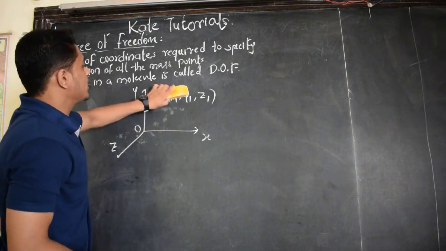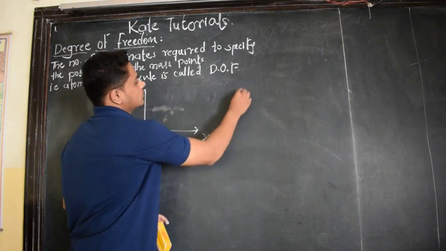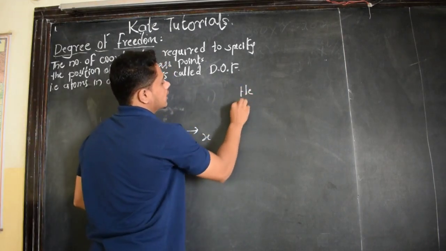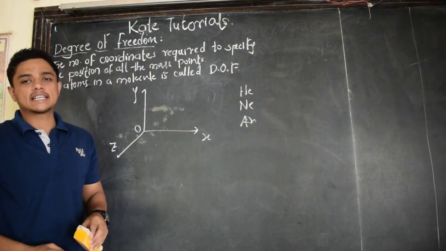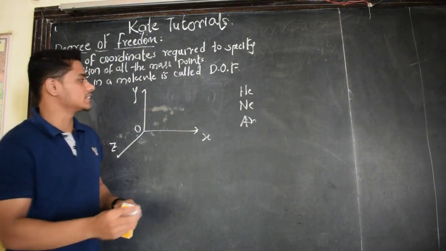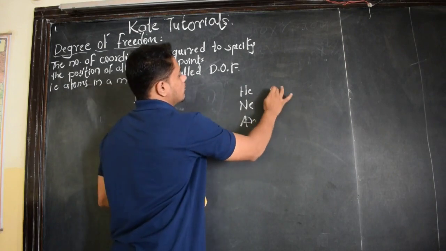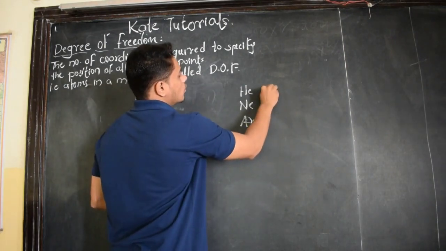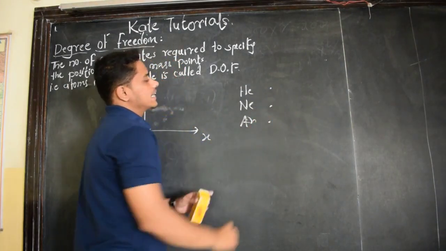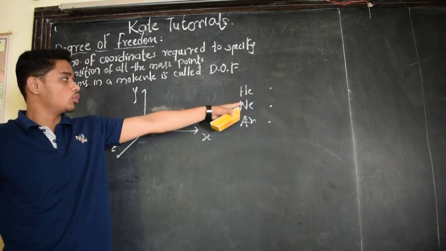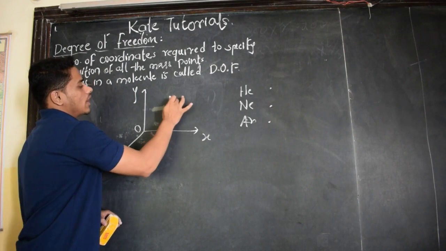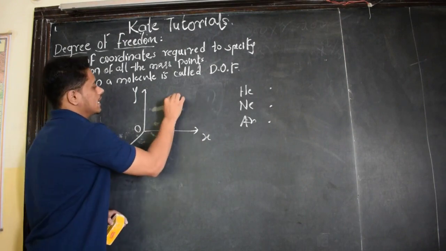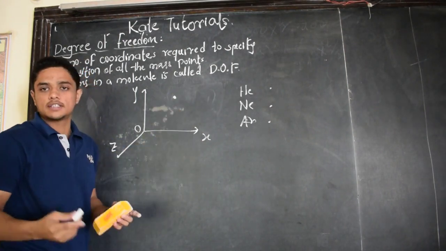If we have one helium atom, or neon or argon, all these are noble gases, that is zero group gases, and they are monoatomic, so they have only one mass point. We can represent their position using the coordinate system, that is x1, y1, z1. For helium it may be x1, y1, z1.